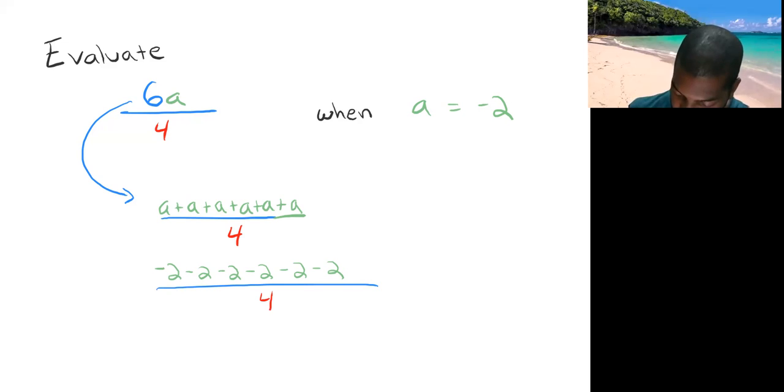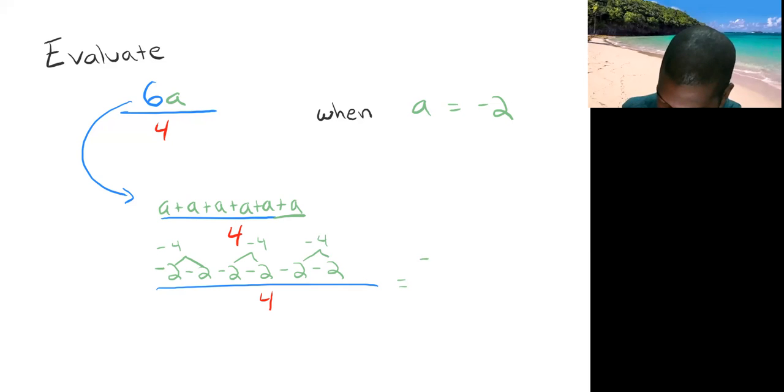All right, so what is -2 minus 2 minus 2 minus 2 minus 2 minus 2? -2 and -2 is -4. -2 and -2 is -4. This -2 and this -2 is -4. So that's 3 -4s.